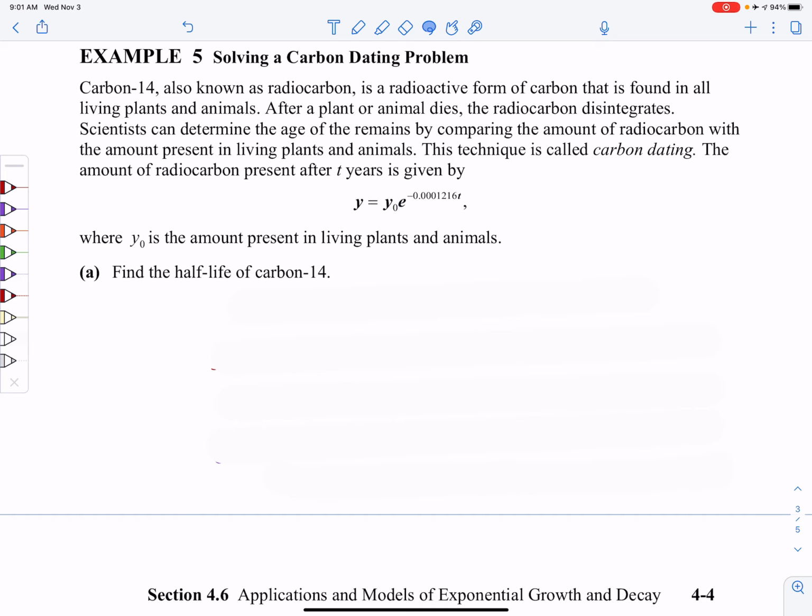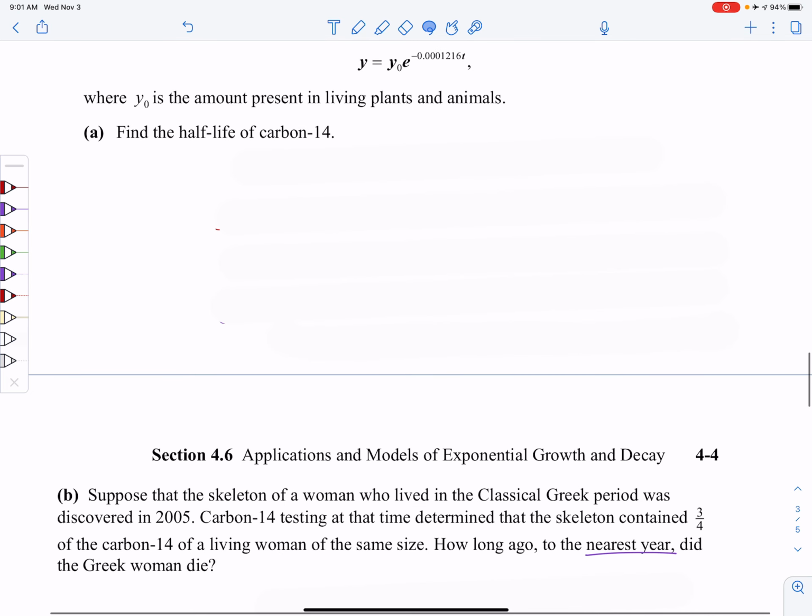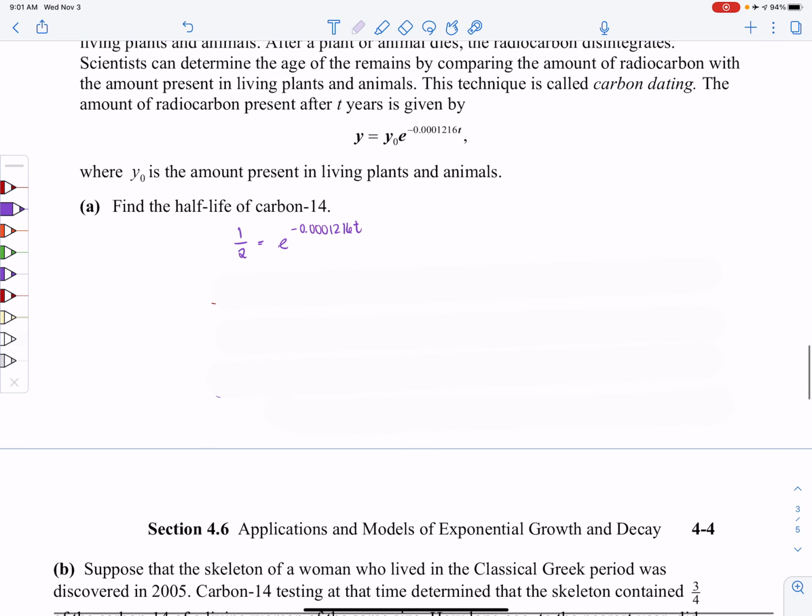So let's find the half-life of carbon-14. The first thing I'm going to do is I skipped a step here. Basically, you can think of y sub 0 being replaced with a present value P, and then y being replaced with half of that present value.